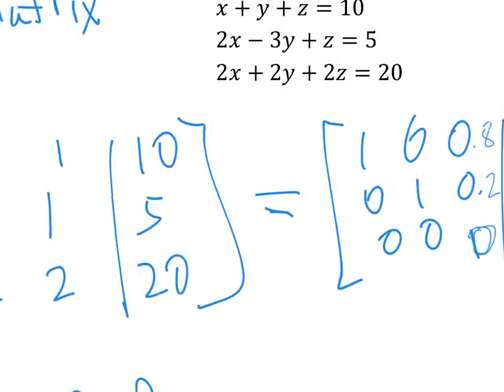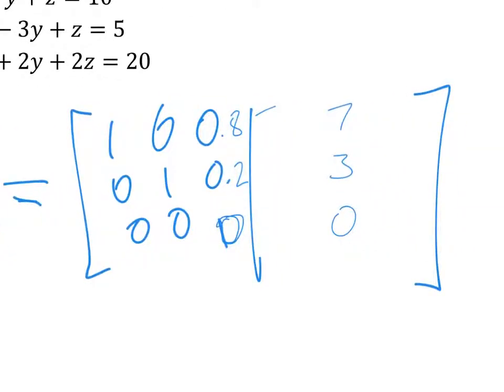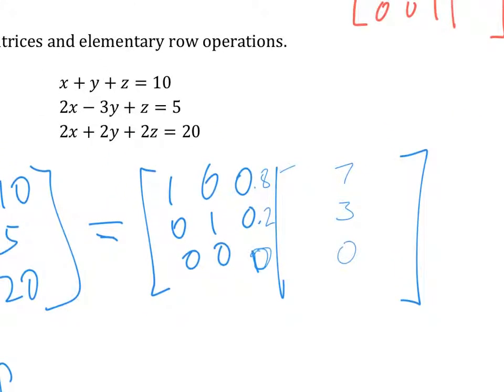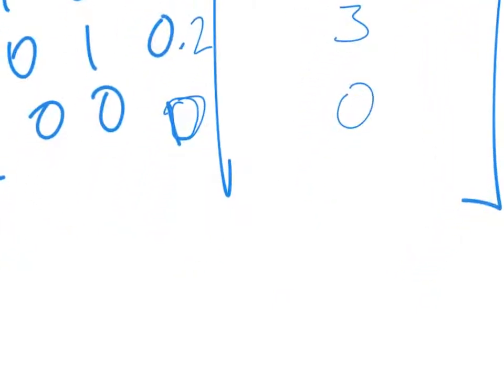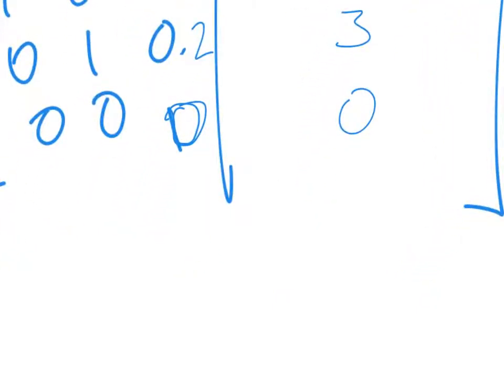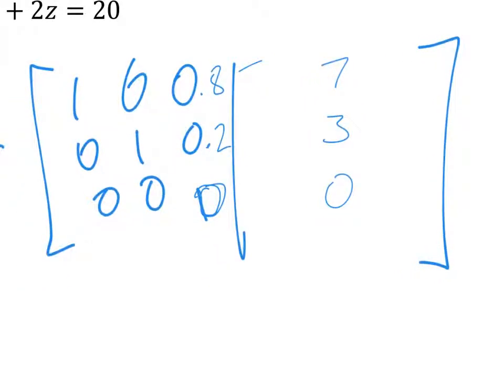So what happens is all of these cancel out, and this is what we call a dependent system, because we don't get just a single answer. And the reason is because these two equations are the same. The top and the bottom are the same. Okay, so it's a dependent solution, and so what that means is z can be anything you want it to be, and so everything can be defined in terms of z.